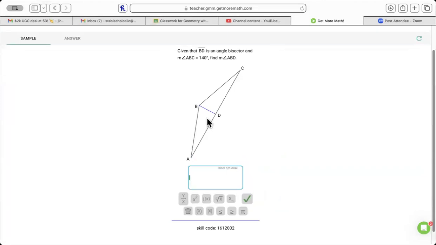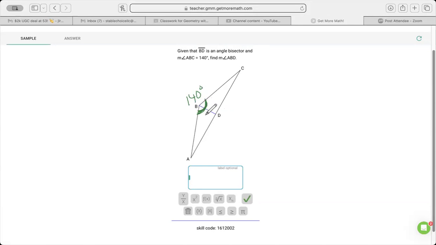Okay. This one says given BD is the angle bisector. So again, this is my angle bisector. It's bisecting this angle right here. And ABC. So ABC. So it's this entire angle here is 140 degrees. Find the measure of ABD. ABD. So it's saying the entire angle is 140 degrees.